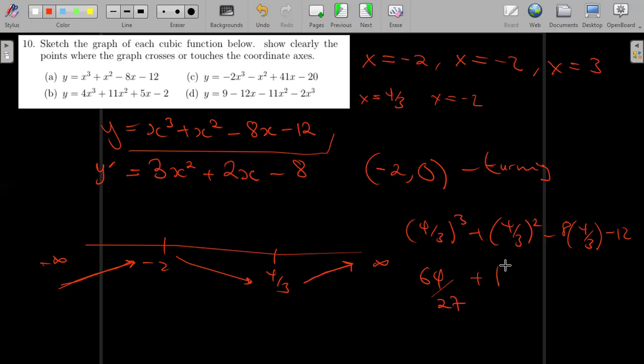Then I have 16 over 9, and 8 times 4 over 3 is 32 over 3, then minus 12. So what do we get when we add all this together?